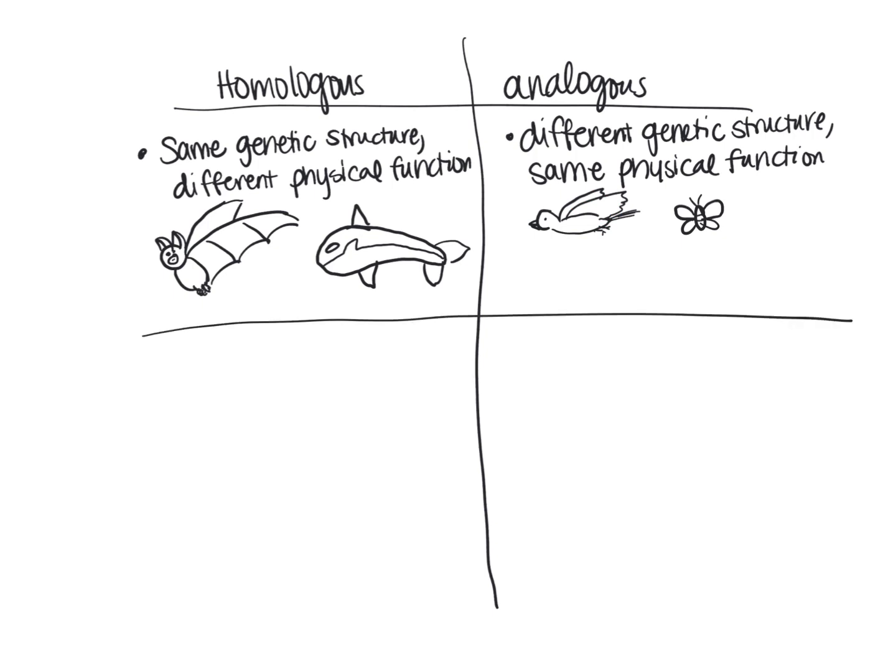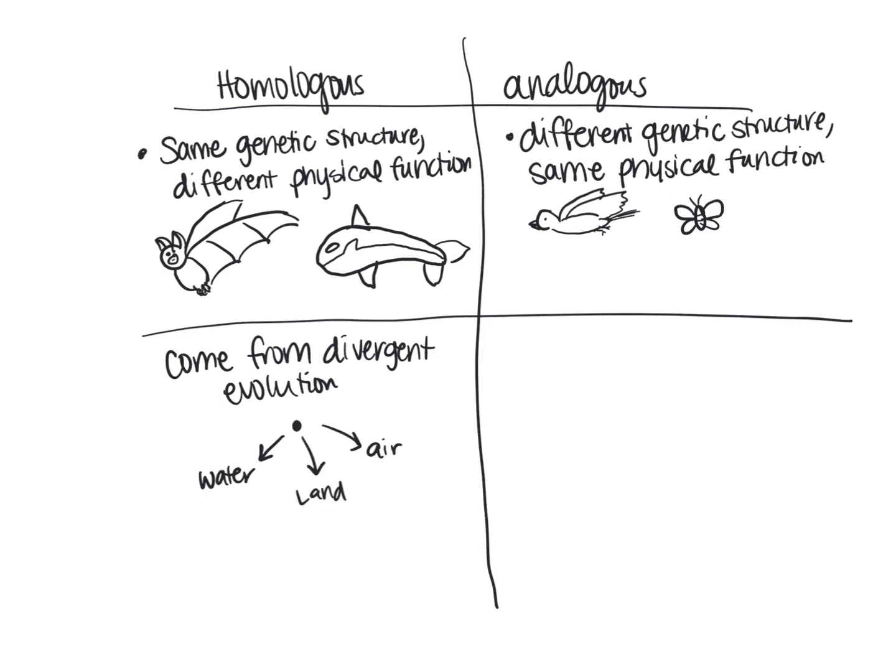The next thing I want to talk about is how these structures come about. So how is it that organisms get these different types of structures? So for homologous structures, they're going to arise from divergent evolution. In other words, you're going to have one single common ancestor, and the forms of the ancestor's descendants are going to be different based on the needs of the physical environment.